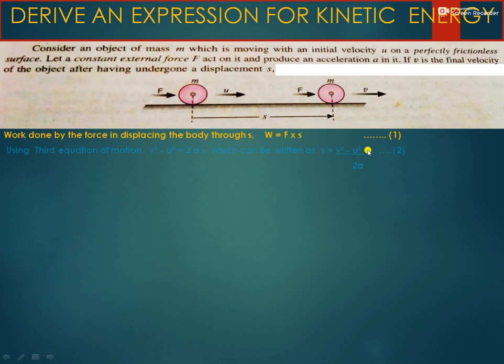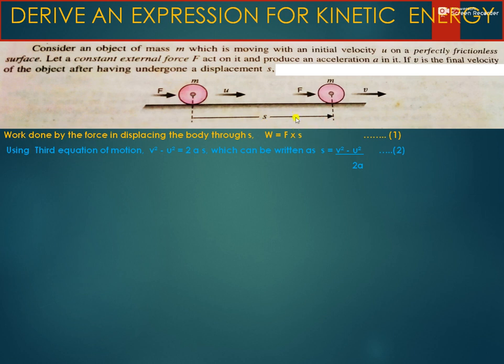Next, we know the third equation of motion. Before this, I just want to explain. First you will take the formula work is equal to F into s, because when the object is moving and force is applied and displacement is taking place, that means work is done.